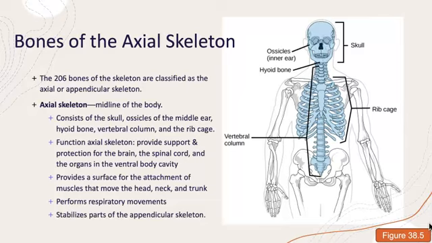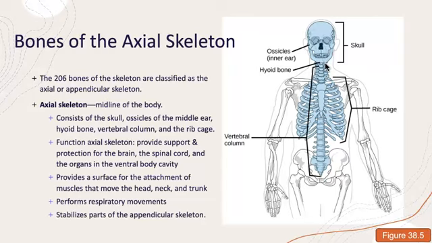We have 206 bones in the skeleton, and we classify them as axial or appendicular. The axial skeleton is what we see here in the center of the body, the midline of the body. It consists of our skull, the ossicles of the middle ear, which we don't see here because they are super small, and our hyoid bone right under our chin.